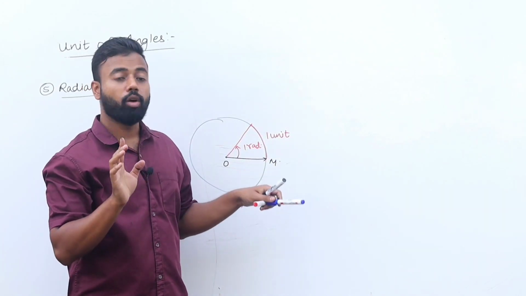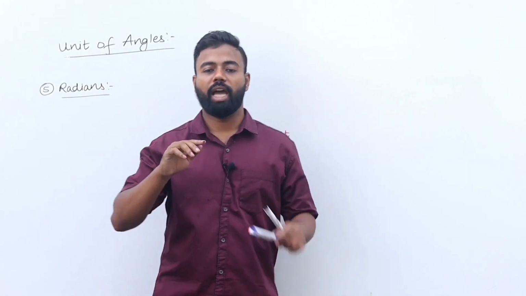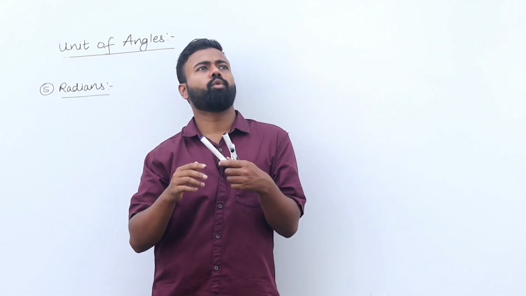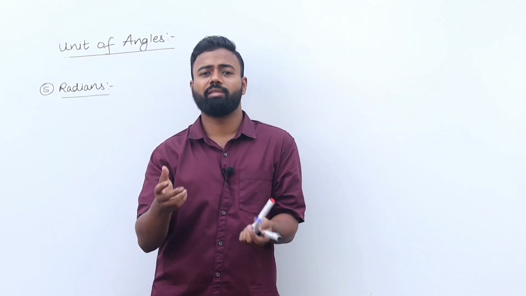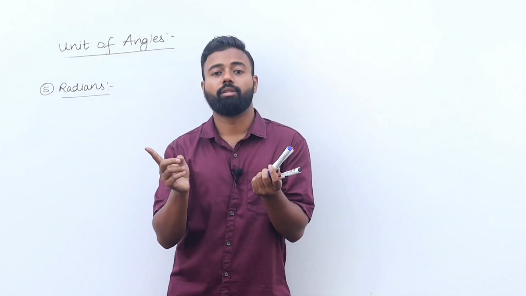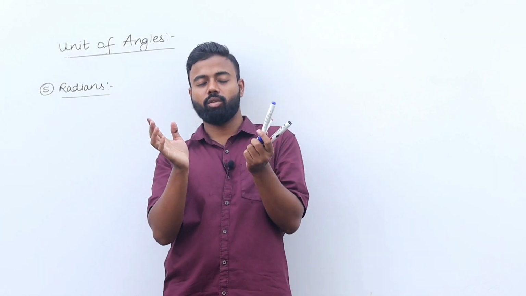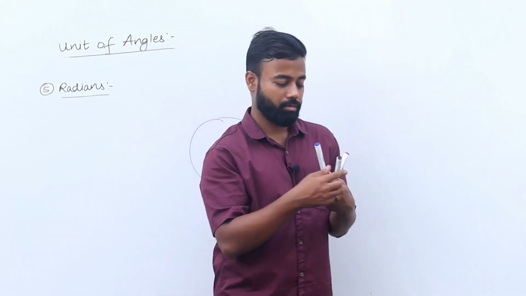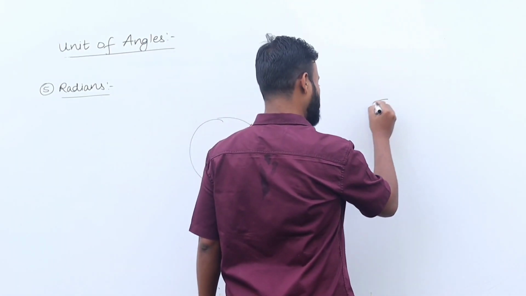So this is clear. Now we won't have a unit radius circle every time. We are going to have a circle of any general radius, suppose 5, 6, 7, 8 or something like that. So the angle subtended by an arc of length L at the center is given by a standard relation.